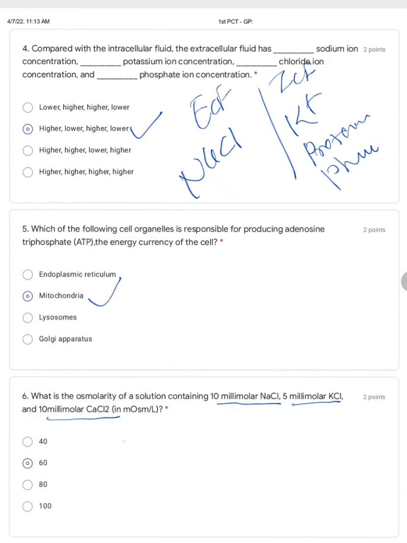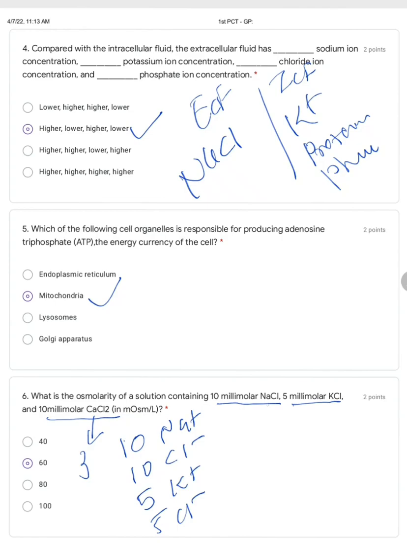So here 10 millimolar solution of the NaCl, that means 10 for the sodium, 10 for the chloride. At the same time 5 for the potassium, 5 for the chloride. But here in the CaCl2, because the valency of the calcium is 2, that's why the 2 chloride ions are present. So total number of the osmotically active agent for the CaCl2 is 3.